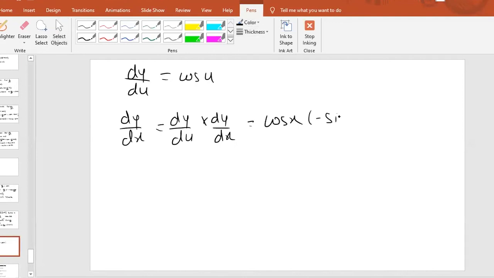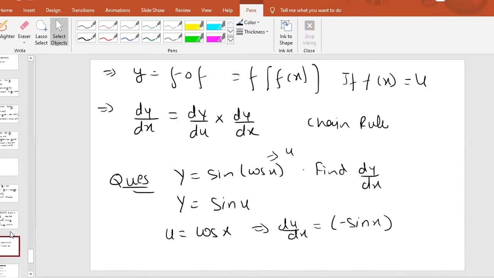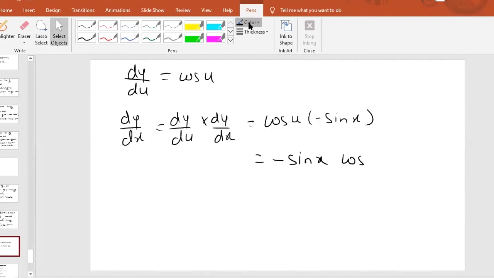So the answer would be minus sin x cos of u, and u we assumed as cos x. So the answer would be minus sin x cos of cos x. That is the answer. Did you understand the chain rule?